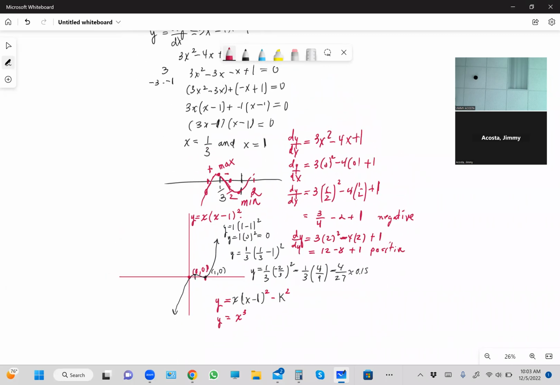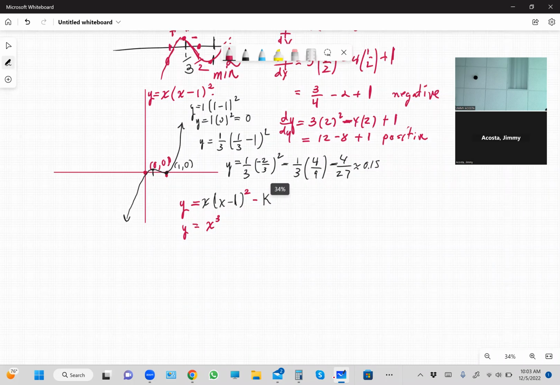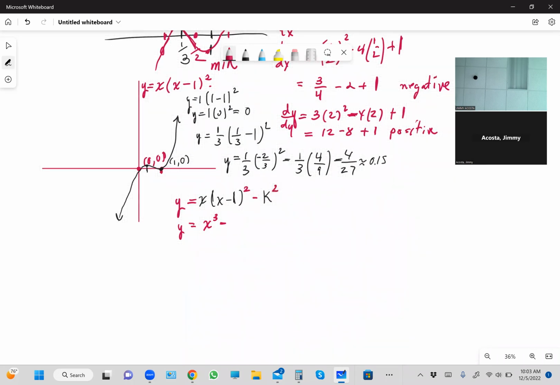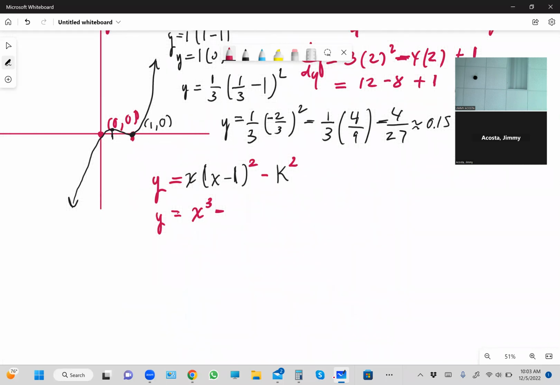Minus 2x squared, yes. Plus x, right? But then we have here minus k squared. That's the actual form, how it would look with a minus k squared in it, right?